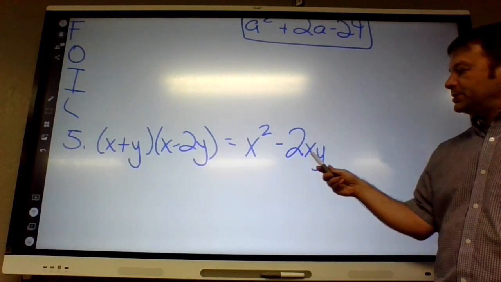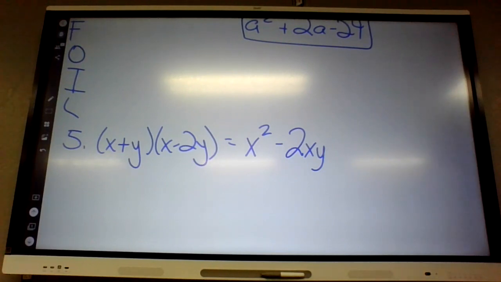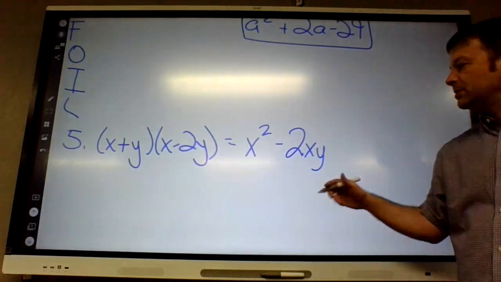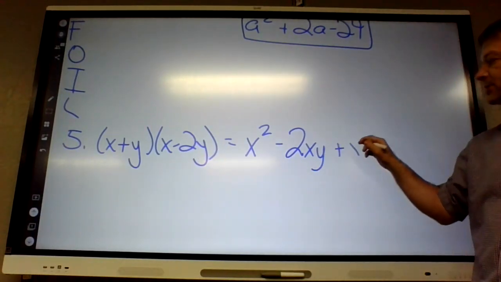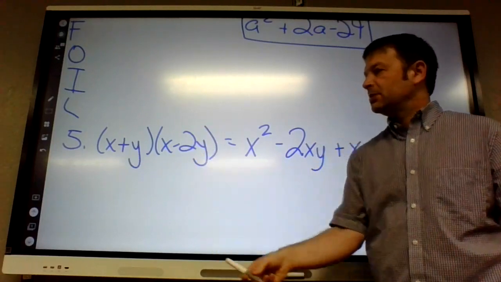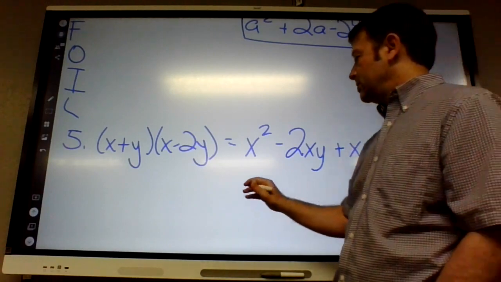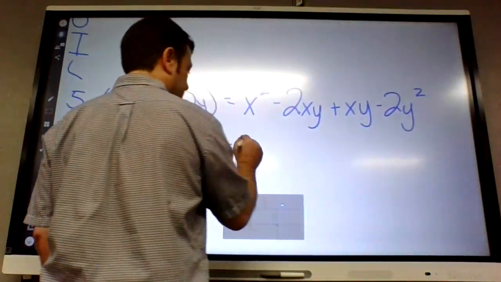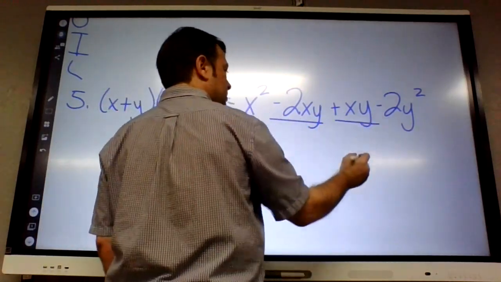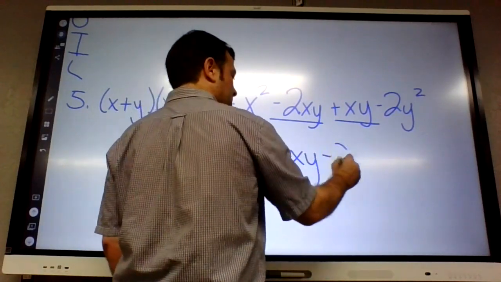The book usually puts the x in front of the y though, just because it's alphabetical, make sure everything looks the same, but yeah. Okay, inside, xy plus xy, and last, negative 2y squared. Right. Okay, final answer? x squared minus x. Right, minus 2 plus 1 is minus 1, so minus xy.